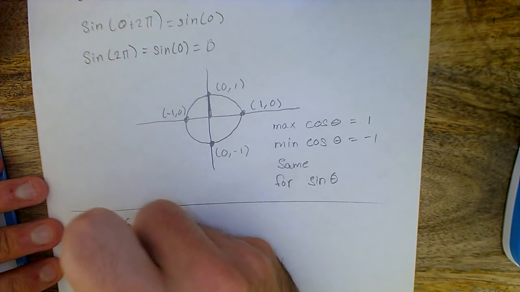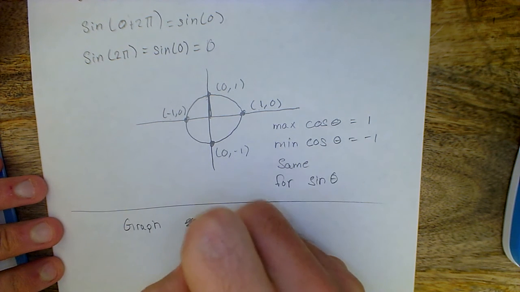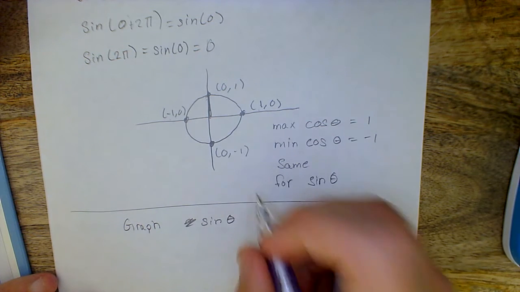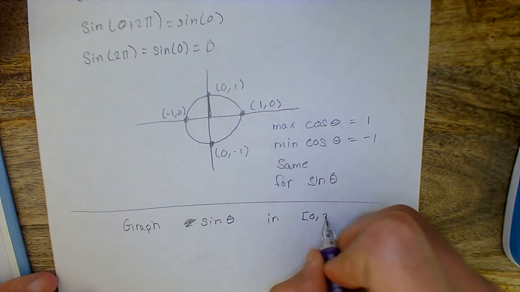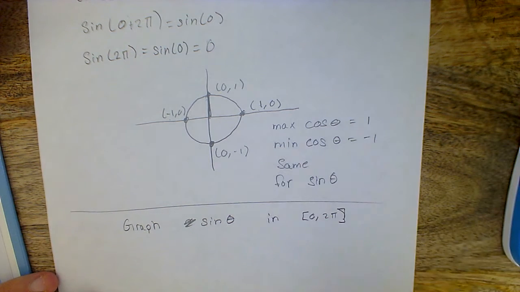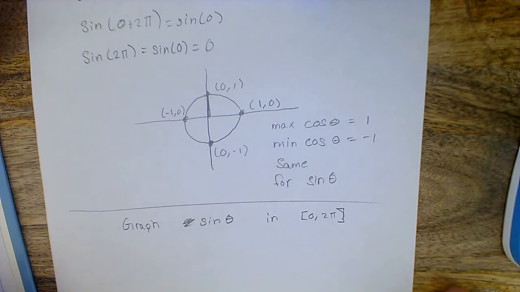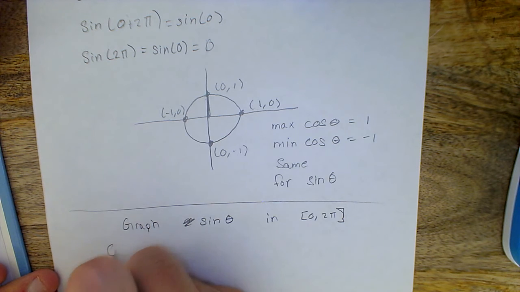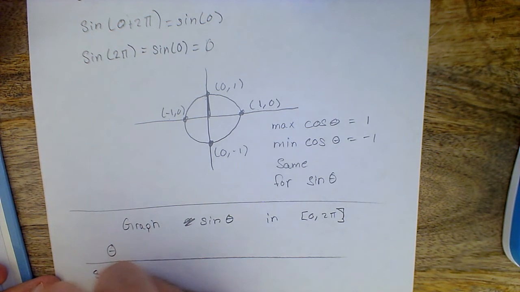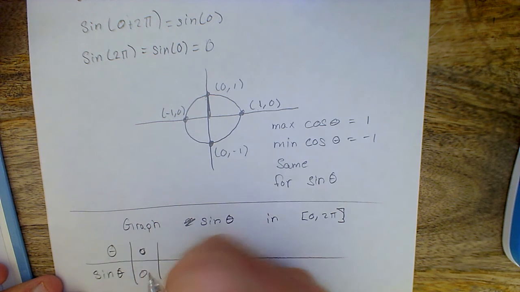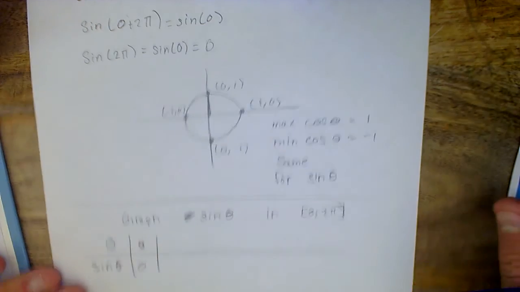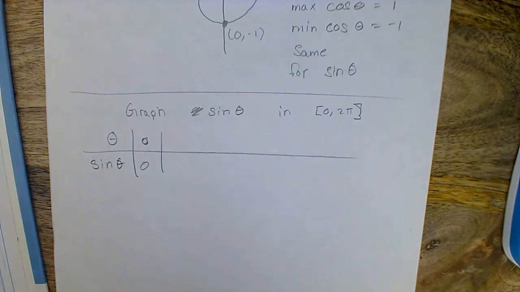So let's first graph the sine function. We're going to graph sine theta for one cycle, in 0 to 2 pi. Okay, so if we make a table here, theta, and then sine theta, if I put in 0, I get 0, and this is looking at that table in the previous section, the unit circle table.